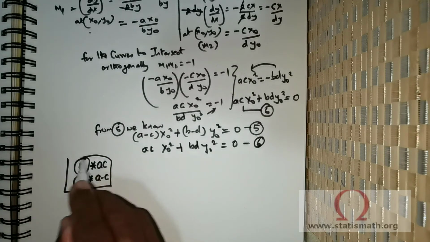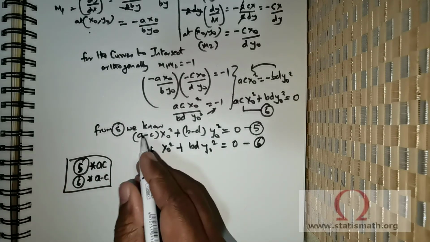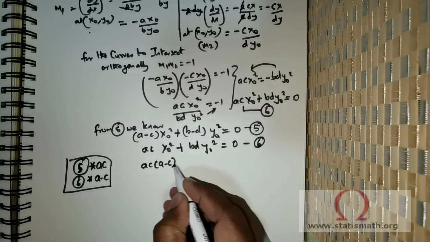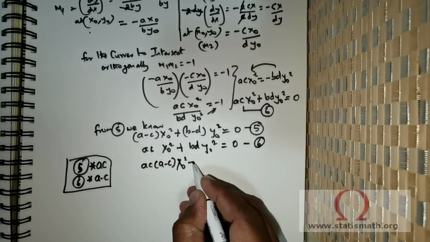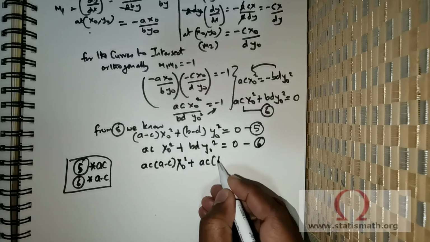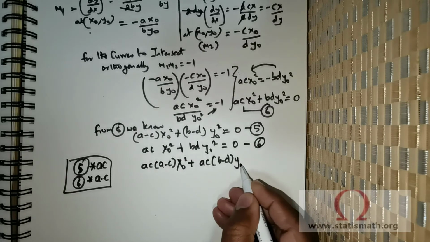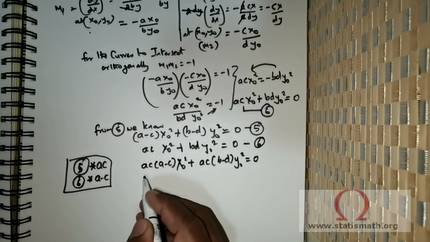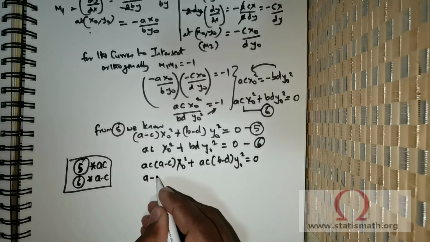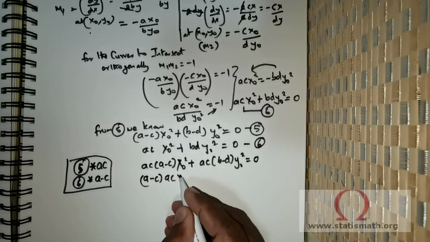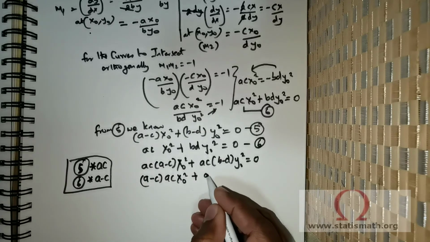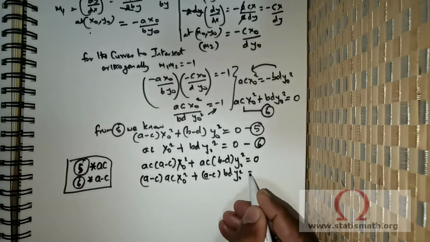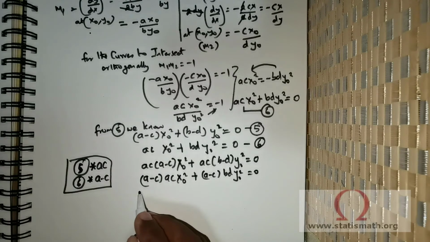So with this, what happens to 5? I got to multiply by ac, so that's going to be ac times a negative c times x0 squared positive ac times b negative d times y0 squared is equal to 0. And then equation 6 we need to multiply by a negative c, times ac x0 squared positive a negative c times bd times y0 squared is equal to 0. So this is what we are getting.